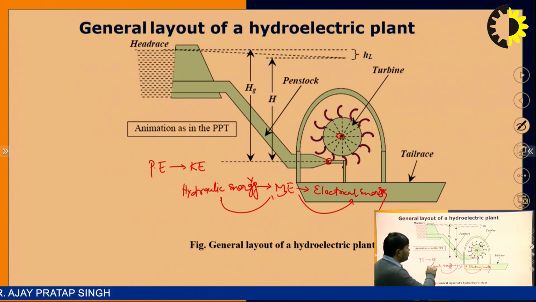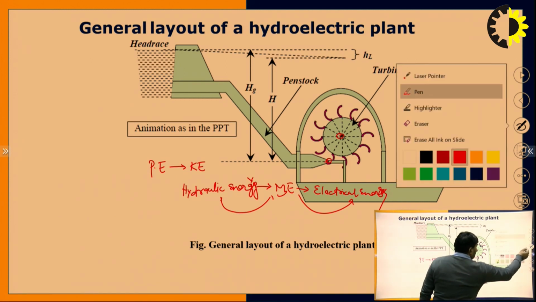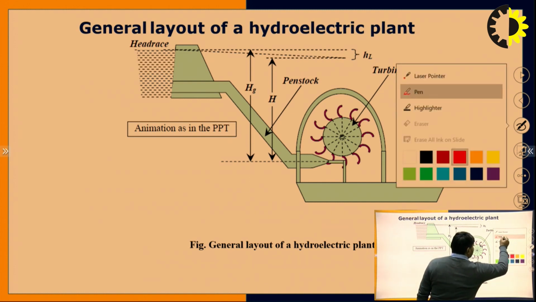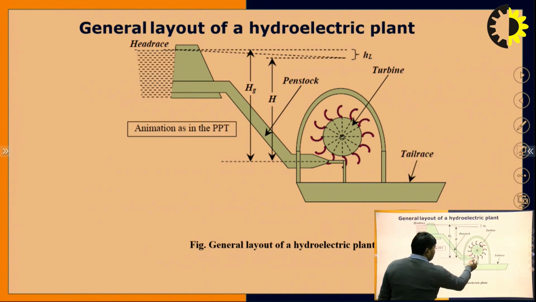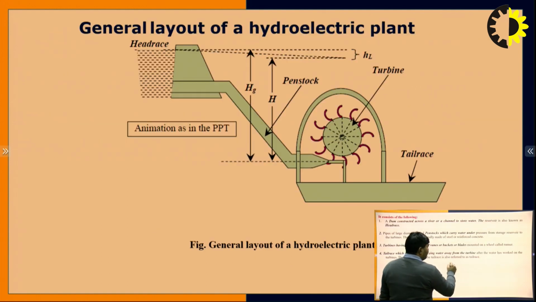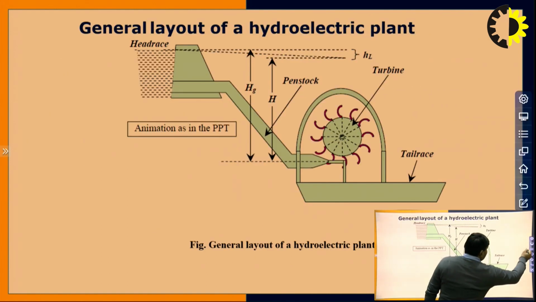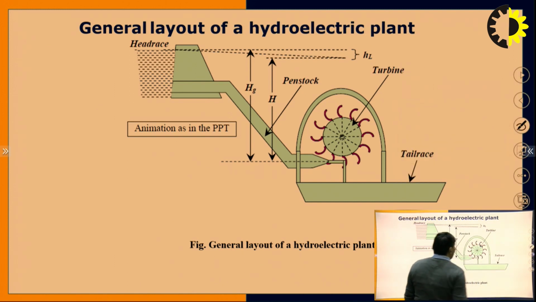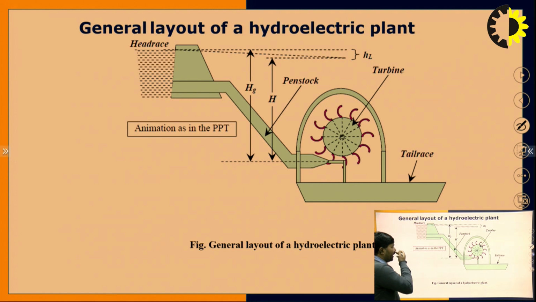So here you can find other points in this figure. First one is Hg. From here the water strikes, so you can see how the head is calculated. Hg is the gross head, basically the total head.